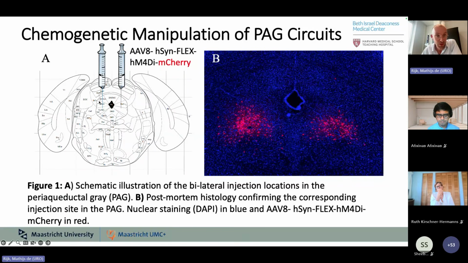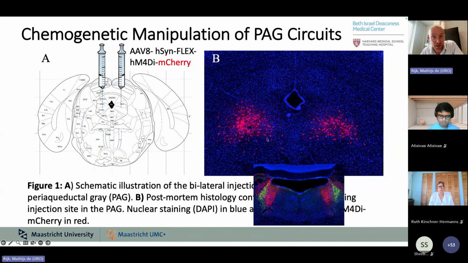So you can see here that I tried to inject exclusively in the ventrolateral PAG, and on the right-hand side, you can see post-mortem that it was quite successful. When we also look at Barrington's nucleus, we can see that those neurons from the PAG have their projections in Barrington's nucleus, or many of them do.